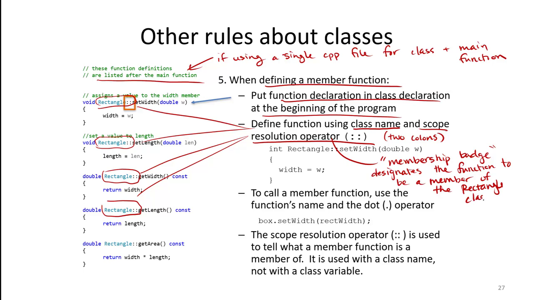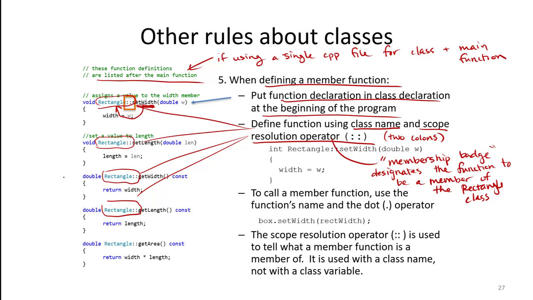So here, I have to have rectangle in those 2 colons in order to tell the compiler that this setWidth function is the setWidth that needs to be a member of the rectangle class. You never know, I might have other functions. What if I have another function called setWidth that is not a member of the rectangle class?